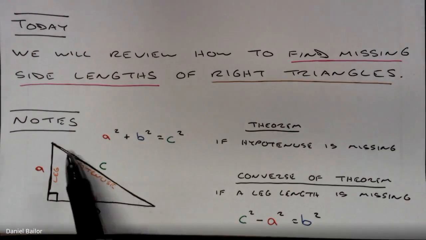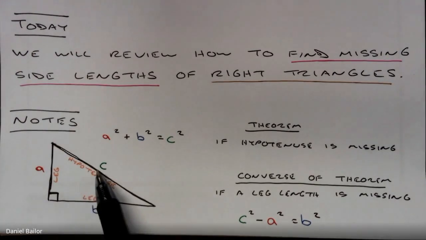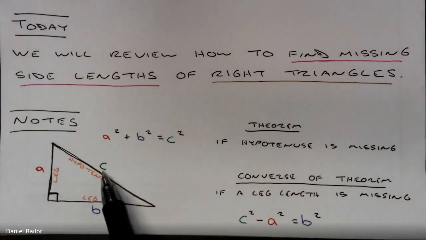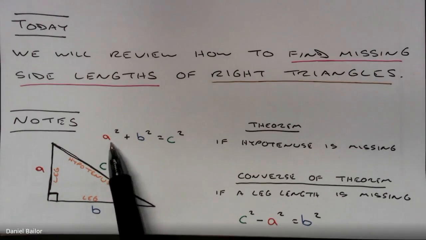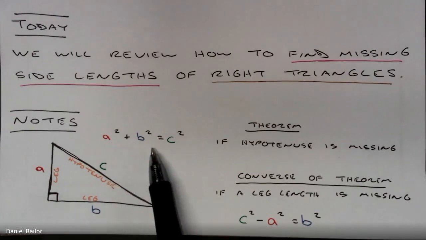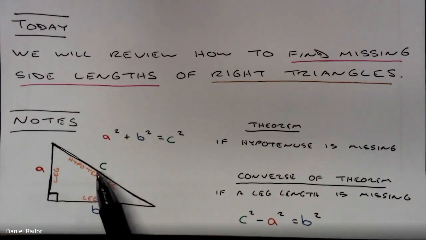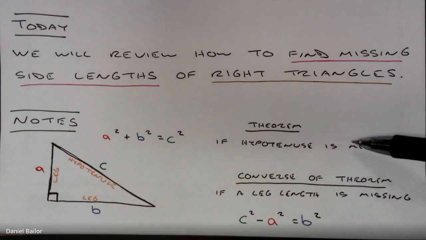It is diagonal and it is opposite from the right angle. It is not connected to the right angle. The legs are connected to the right angle. The hypotenuse is not. And so you use this, the Pythagorean theorem, a squared plus b squared equals c squared, right here. That's the theorem we use if the hypotenuse is missing.